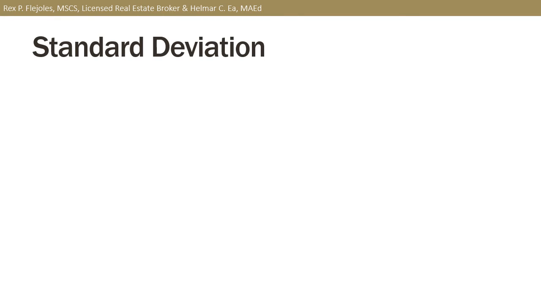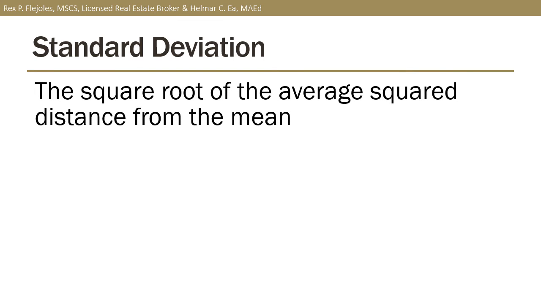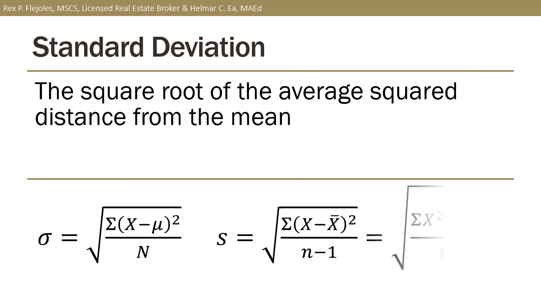Lastly, which is the most frequently and favorably used one, is the standard deviation. It is the square root of the average squared distance from the mean. A different formula is used for a data set of the population and a data set from a sample. For the population, the formula is denoted by the lowercase sigma, which is equal to the square root of the sum of the squared deviations from the arithmetic mean divided by the population size.